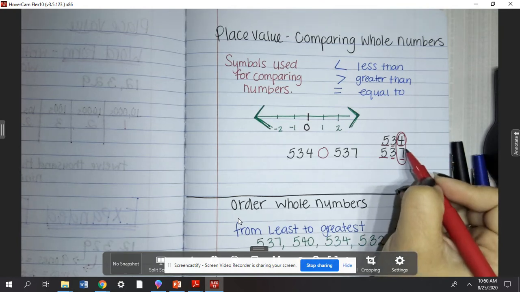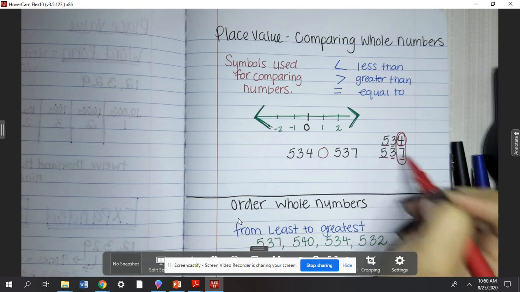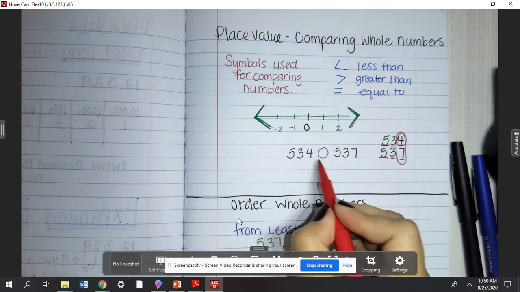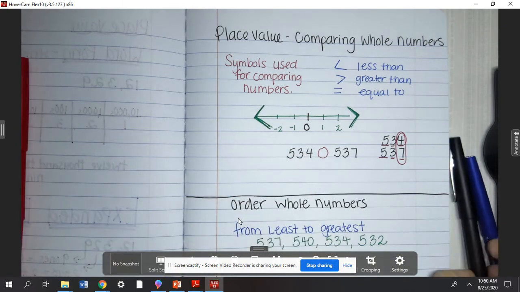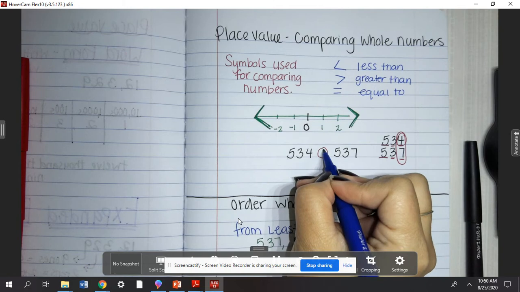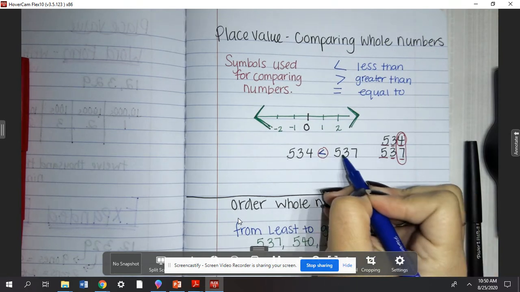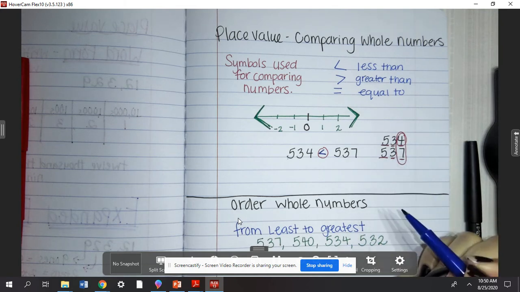So if that is true, then I know that 534 is smaller than, or less than, 537. So I'm going to put the symbol that makes this sentence true. I'm going to write down 534 is less than 537. And that's true because I was able to compare that here.